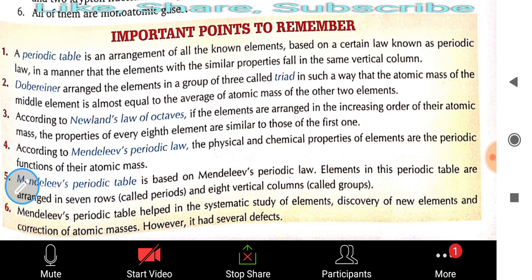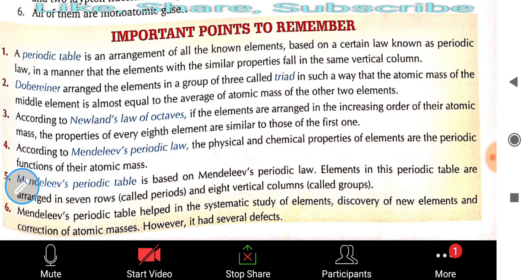According to Newlands' law of octaves, if the elements are arranged in increasing order of their atomic mass, the properties of every eighth element are similar to those of the first one. This is also a good law, but it is fixed only to some kinds of elements. Then a new form of periodic table came, which was most acceptable at that time, according to the periodic law: the physical and chemical properties of elements are periodic functions of their atomic mass.